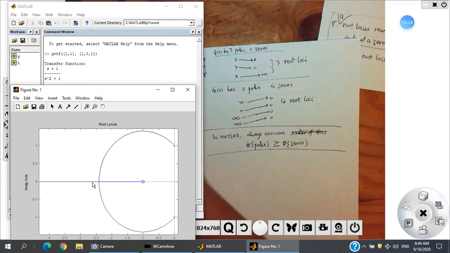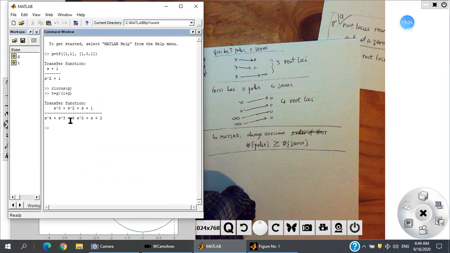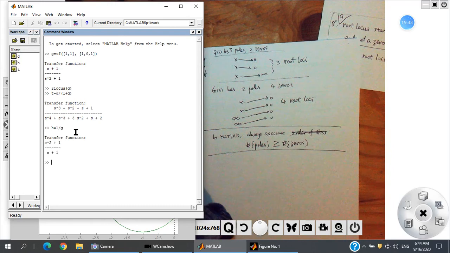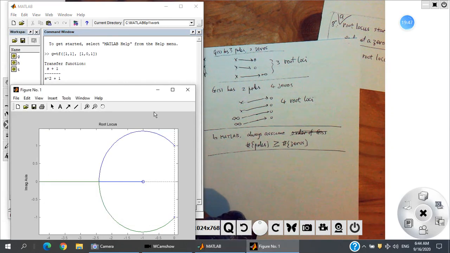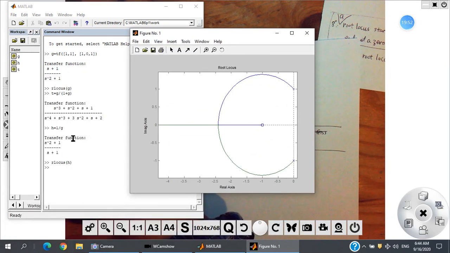If we reverse, for example, if this is G and I use another H, which is 1 over G, then can I have the root locus of H? Okay, this is the root locus of H. In H, I have 2 poles, 2 zeros and 1 pole, right?